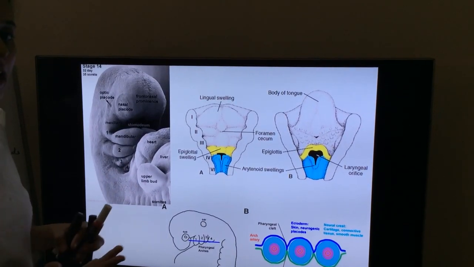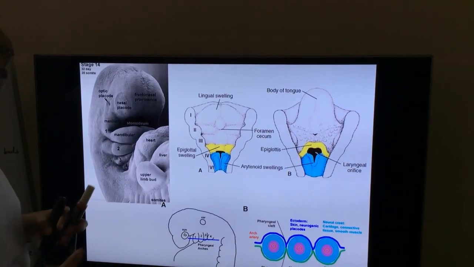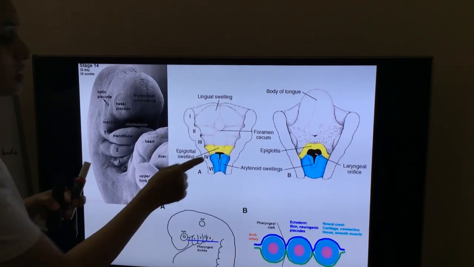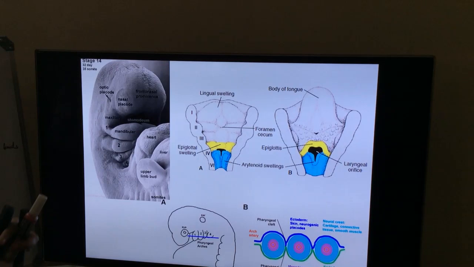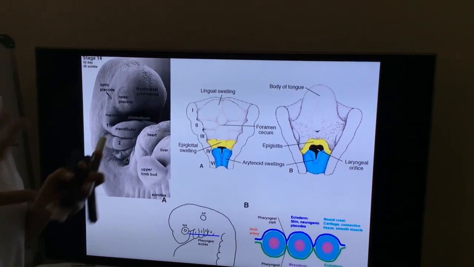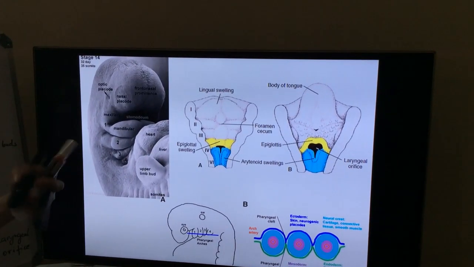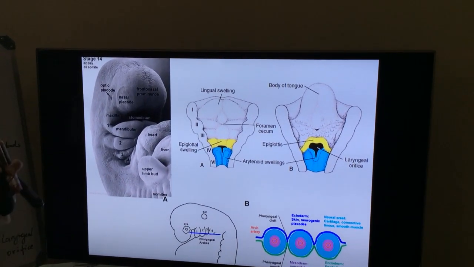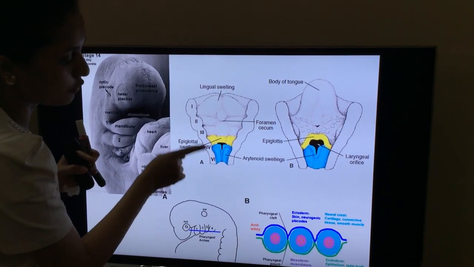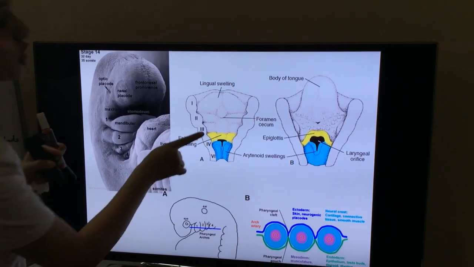External laryngeal nerve is motor in function, so they supply the muscles which originate from the fourth arch. The muscle is cricothyroid. And the remaining muscles of the larynx originate from the sixth arch. That's why they are supplied by recurrent laryngeal nerve. So that's why there is a difference in the nerve supply, because their origin is different.